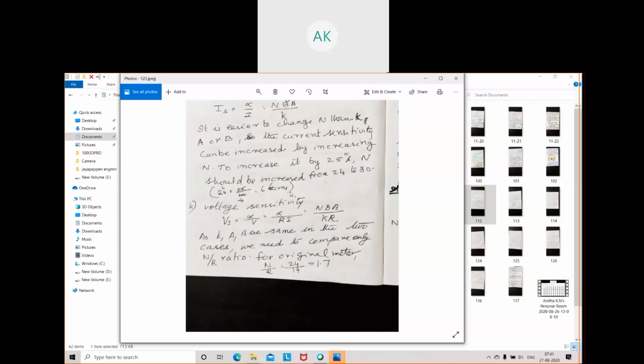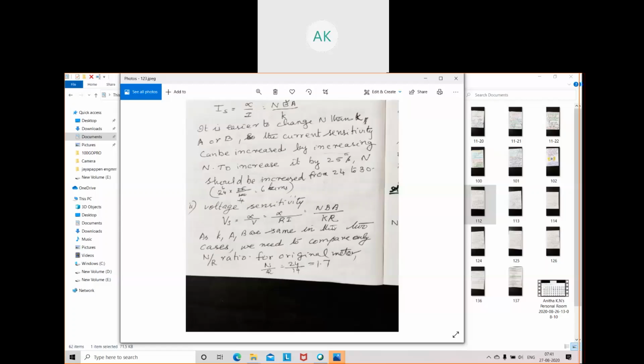Now the number of turns is 30, and we can find out the voltage sensitivity. Voltage sensitivity is deflection per unit voltage. So deflection per unit voltage is alpha by I into R, since V equals I into R by Ohm's law. Alpha by I is NBA by K, and R is in the denominator, so the voltage sensitivity is NBA by KR.